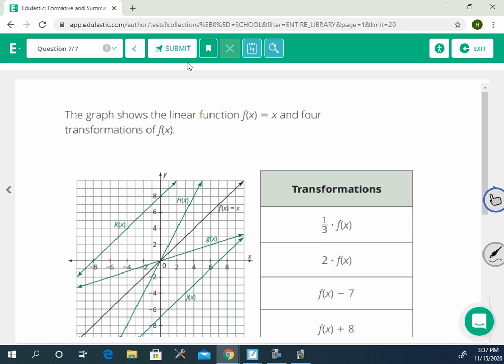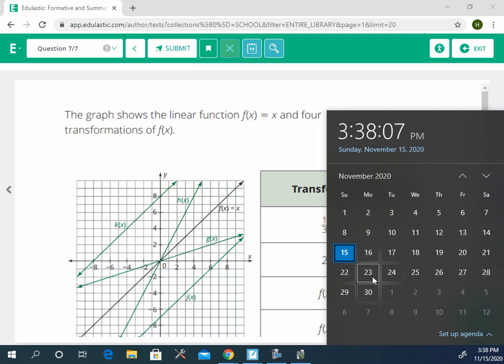If you're not, then on Friday, we'll be working together during flex time, okay? So make sure that you're getting your Mathia done. If you're not there yet, keep working on it throughout the week, and then you will have a test on Monday of next week. Monday falls on the 23rd. That's your test day, okay? So email me if you have any questions, and we'll see you all later.